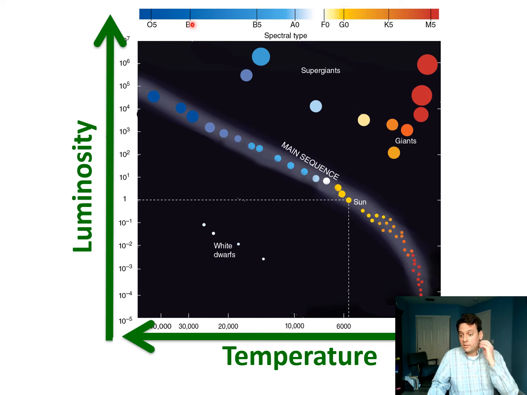So I've mentioned before the classification of spectral types, and here I just put it up. M5 is the coolest sort of star, which is down here. Turns out there are a lot of those in the universe, and there are a lot more cool stars in the universe than there are hot stars. That's represented schematically here. You see more red dots here, and those red dots are smaller.